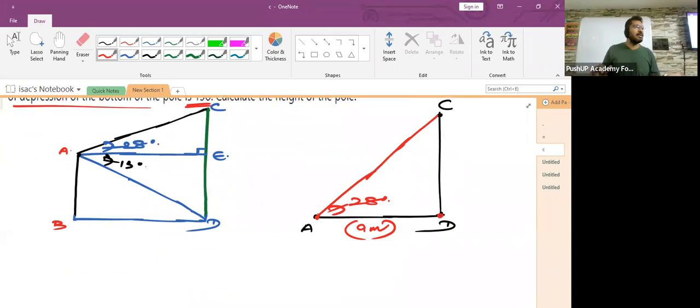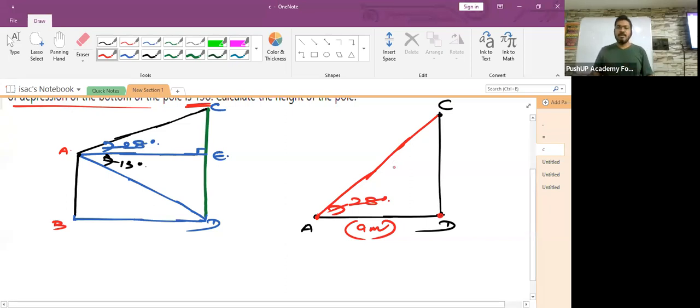A is plotted on the ground level, D is plotted on the ground level. And since they both are opposite to each other, you cannot show that angle of depression in this particular figure, isn't it? So this was the place where you got a block. So this is the wrong figure.